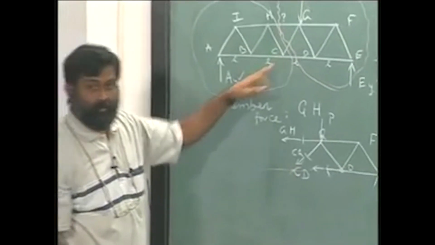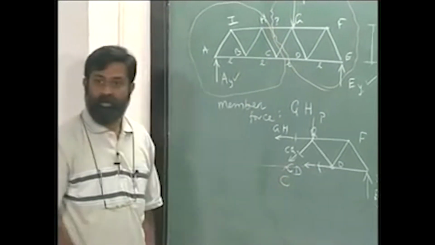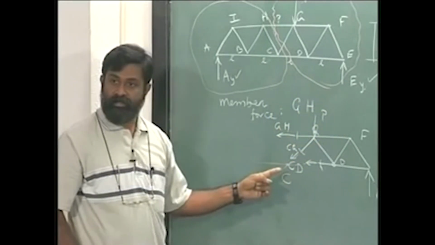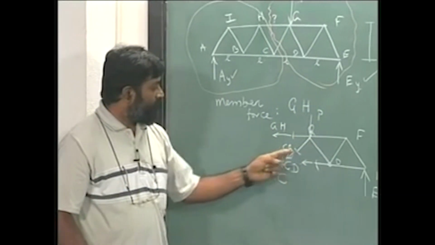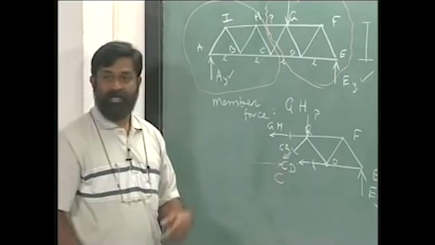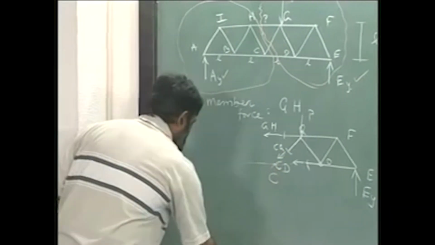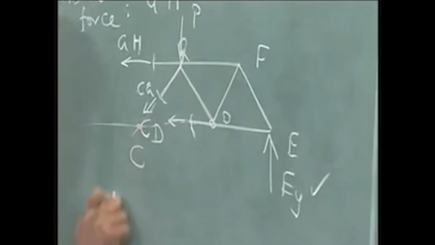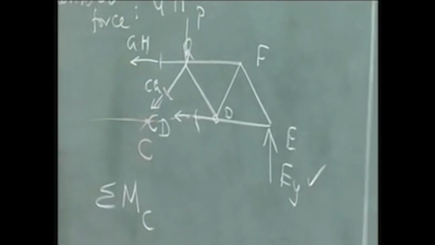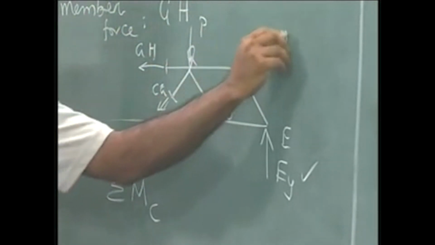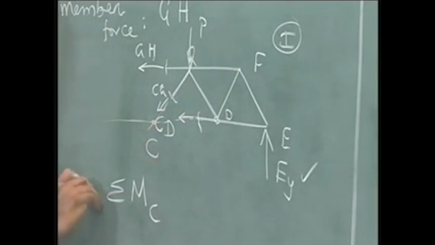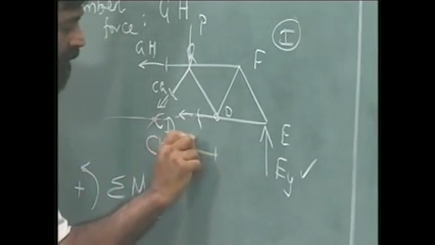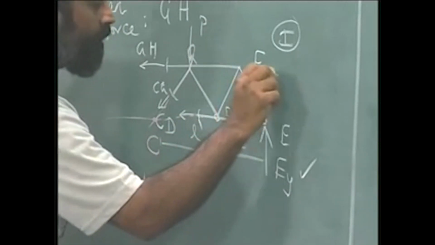This meeting point is nothing but C, right, and if I take moment of all the forces about C, it will not involve CG and CD, which means immediately I can get GH. The rest of the exercise is simple. So let me take moment about C of this particular section 1, right. Let us say this is positive, this is L, L, and this is L.